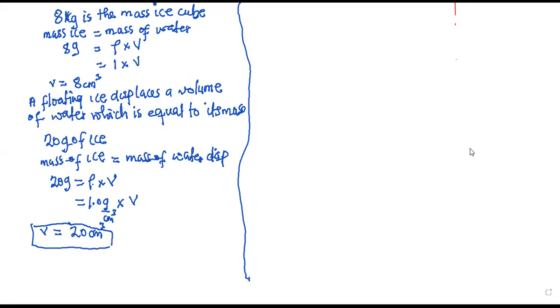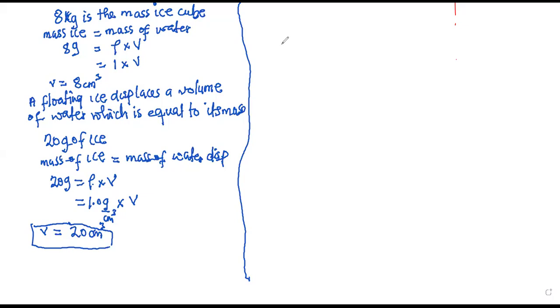Okay. So whatever the mass, it will displace water which is equal to its own mass. So a floating ice displaces a volume of water which is equal to its mass. Okay.